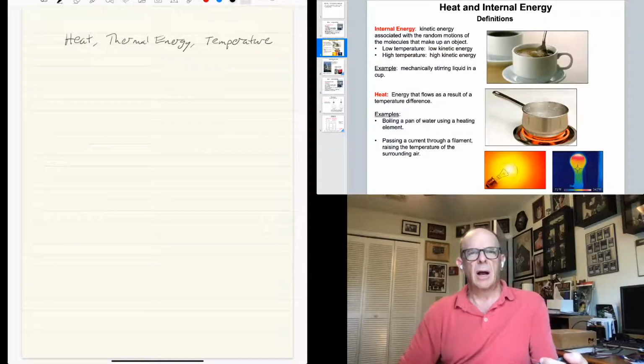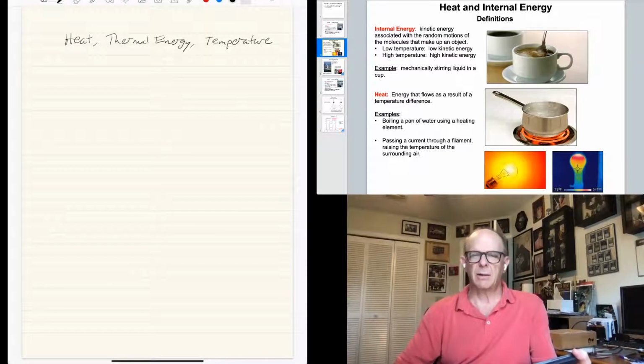So examples of this are anything that's warm. If you cook something in the kitchen, you're putting energy into it, and that causes the atoms and molecules of that substance to move more quickly.